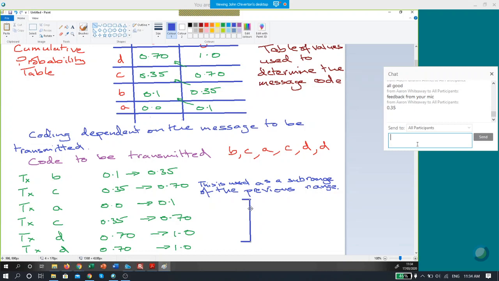We might consider that to be a range, and then the next one along is going to be a sub-range of that, and then the next one is even less than that, isn't it? 0 to 0.1. So we could get away with doing one down there.